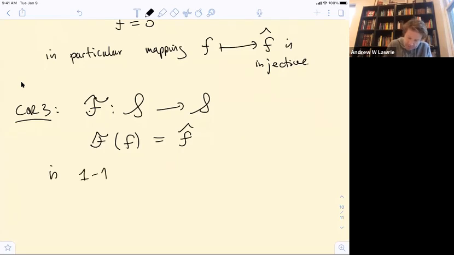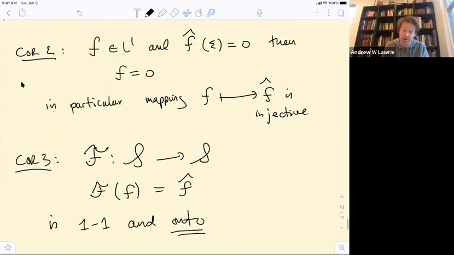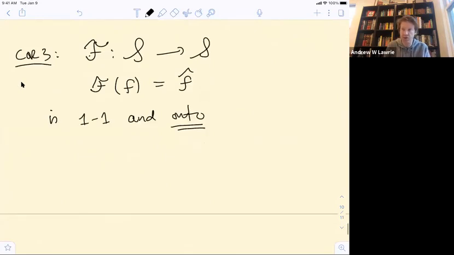Is it 1-to-1 and onto? So it's a bijection. Corollary 2 tells me it's 1-to-1, and corollary 3 will show that it's onto, and corollary 3 is a corollary of the inversion formula.